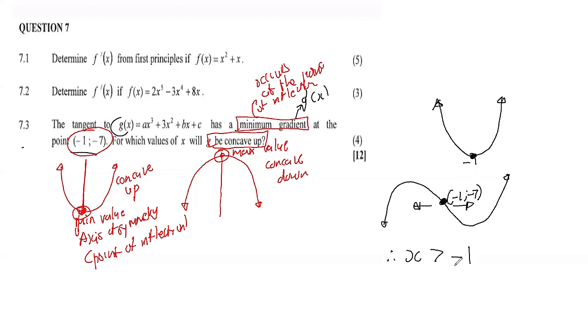But then the question is, will I just get 4 marks from that? Will I just get 4 marks from just telling them that x is greater than -1? No. So this is how you're going to put it out to them. Number one is you will tell them that a minimum gradient occurs at the point of inflection.